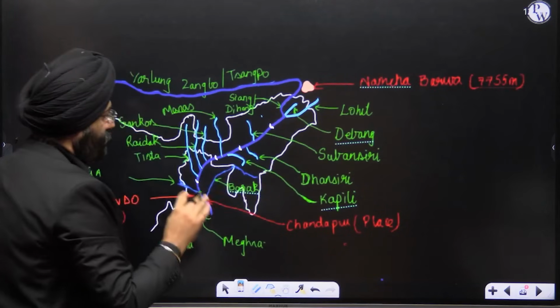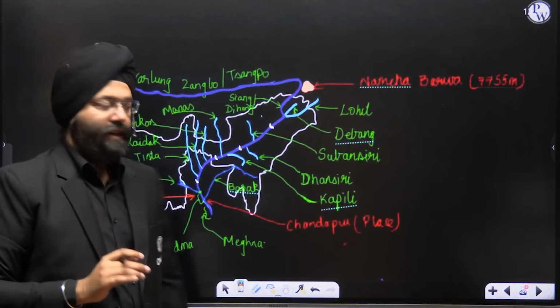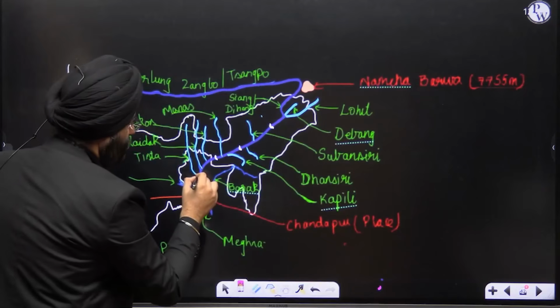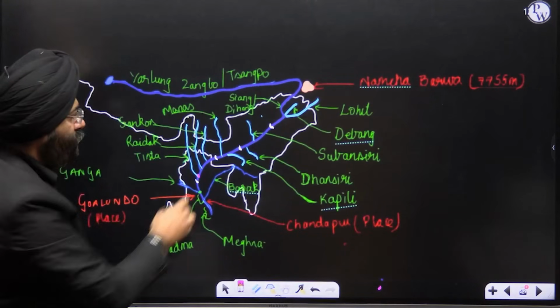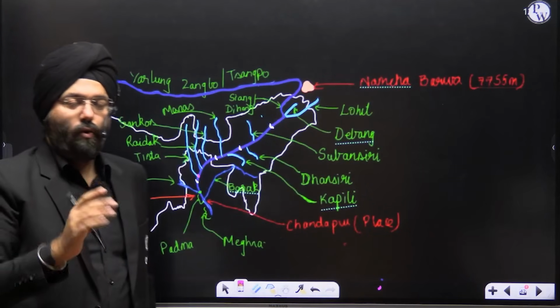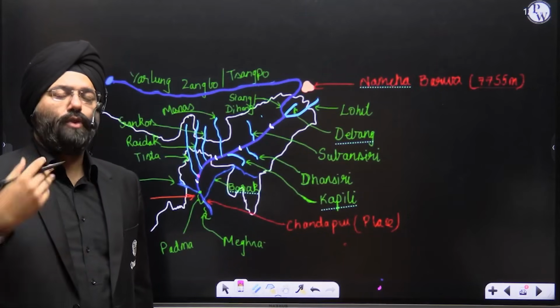Clear? Please understand, one thing should be very clear to you. Till the point where Tista is joining the Brahmaputra, it is called Brahmaputra after the merger of Lohit and Dibang. Once Tista joins the Brahmaputra, it is known as Jamuna.